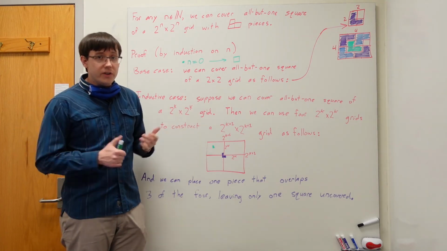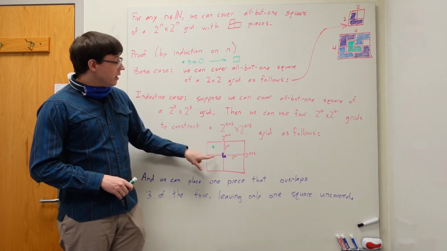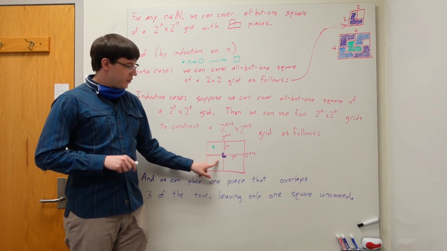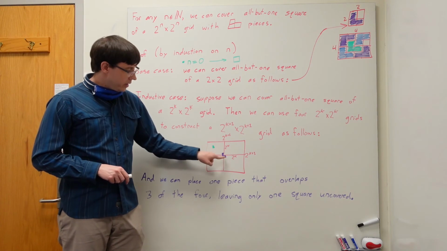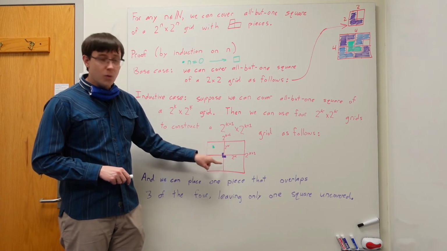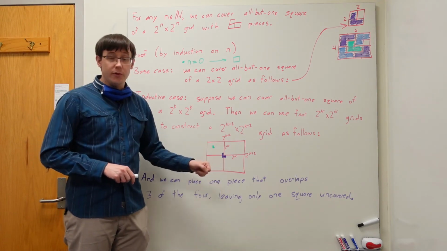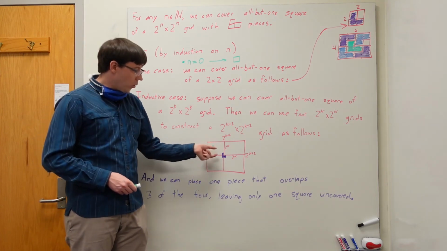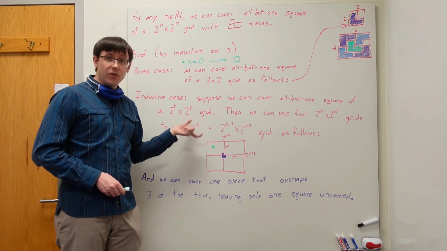So let's restate our induction in a way that allows this proof approach to work. Specifically, for this placing of one piece that overlaps 3 of the 4 to work, we need to have the hole in the subgrid be in the corner.